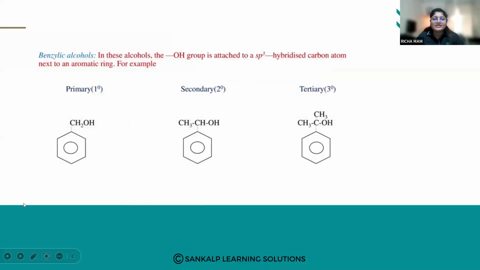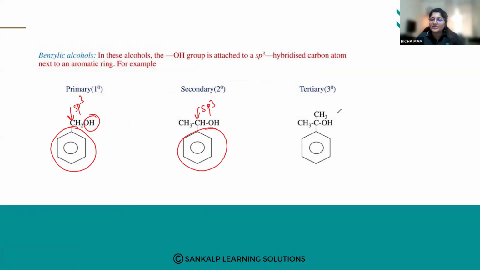Next is the benzylic alcohols. Here the OH group is attached to an sp3 hybridized carbon atom which is next to an aromatic ring. You can see the OH group is attached to the sp3 hybridized carbon atom next to an aromatic ring.